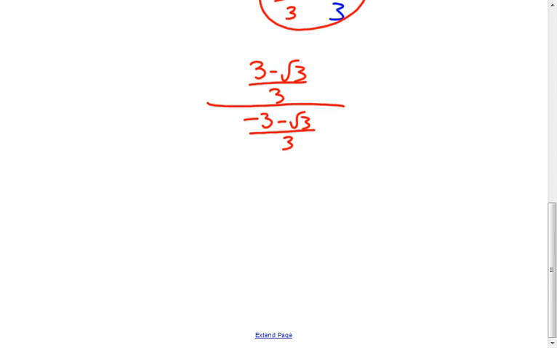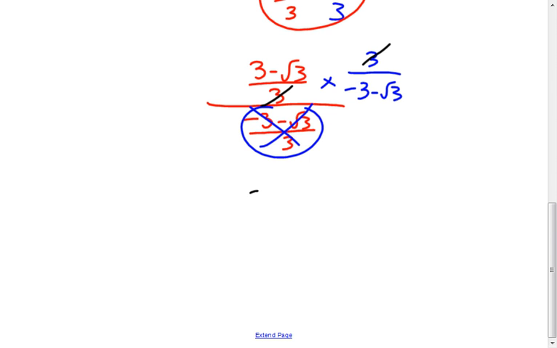Okay. Don't like the double fractions, so I will take this quantity right here and I will flip it. My 3's will cancel, and I'm here.